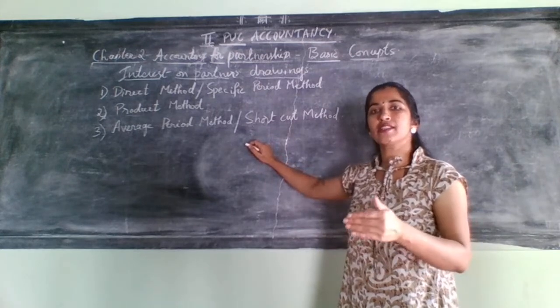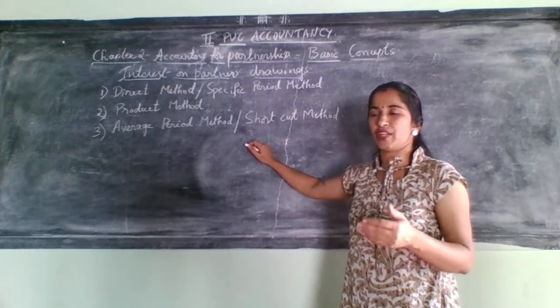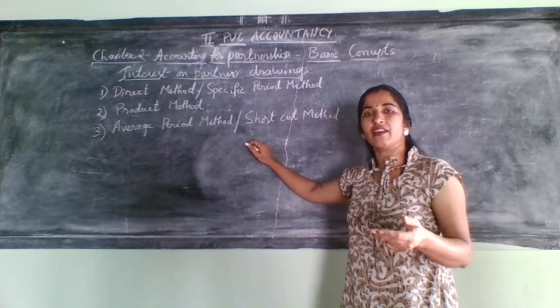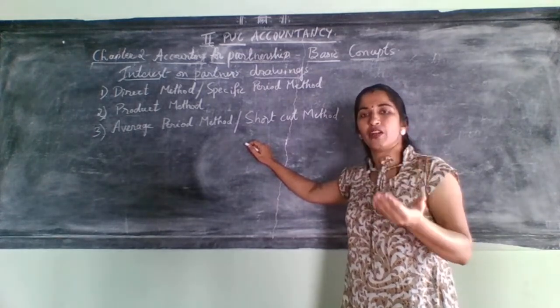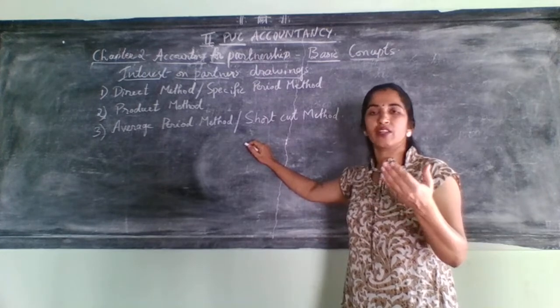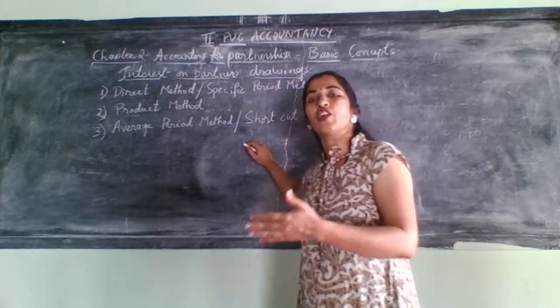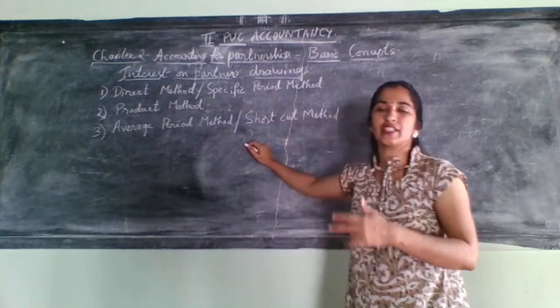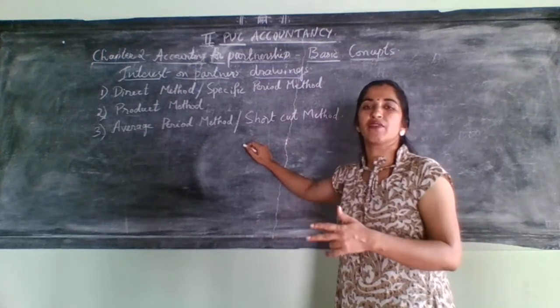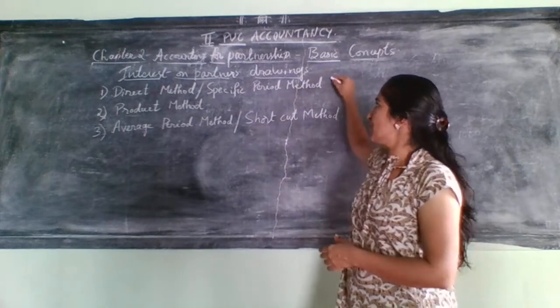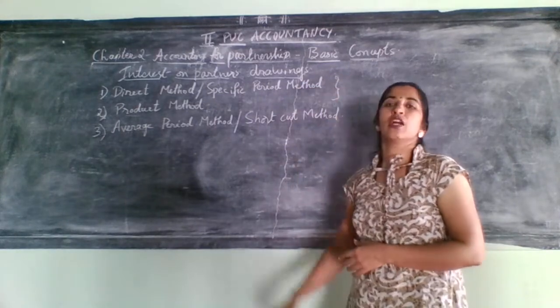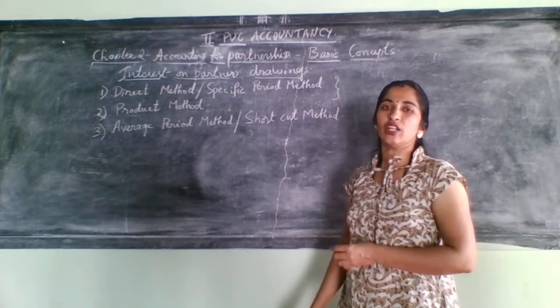When the drawings are not at a regular time, for example, a partner will withdraw money sometime in the month of April, then he will withdraw in June, and next he will withdraw in December, and again he will withdraw in February. That means irregular period, so we need to follow two methods to calculate interest on drawing.